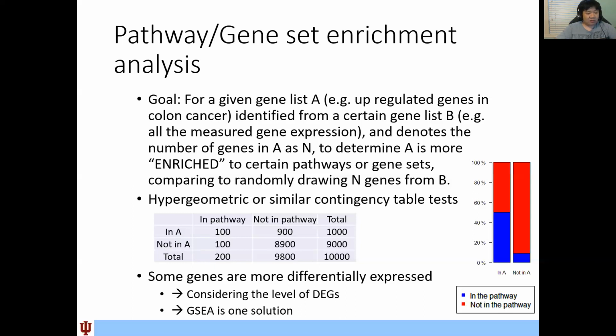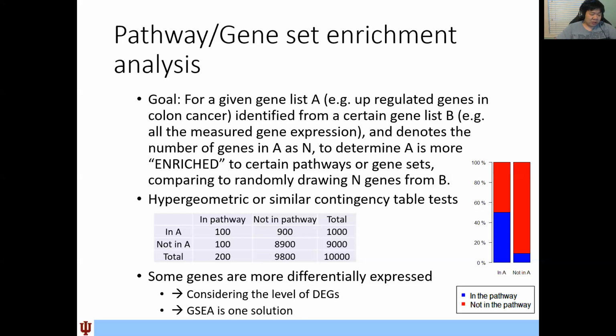However, the proportion of upregulated cell cycle genes in the cell cycle pathway may be similar to the proportion of upregulated genes in the mitochondria pathway, even though both are upregulated.